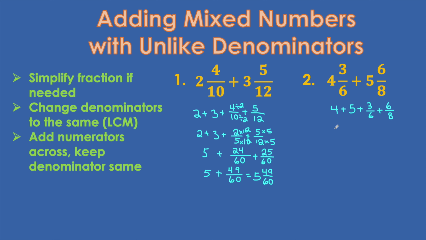Now let's simplify the fraction. It looks like we can simplify both of these. For this first fraction, we are going to divide top and bottom by 3. And this one is going to be divided by 2.